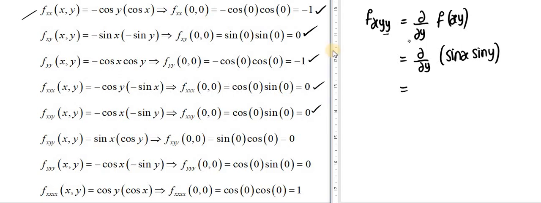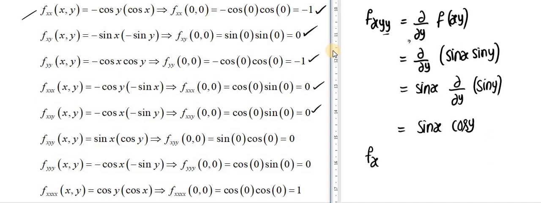Here we are differentiating with respect to y, that's why I am putting sin x outside. sin x into differentiation of sin y, which is cos y. So fx double y value is sin x into cos y.